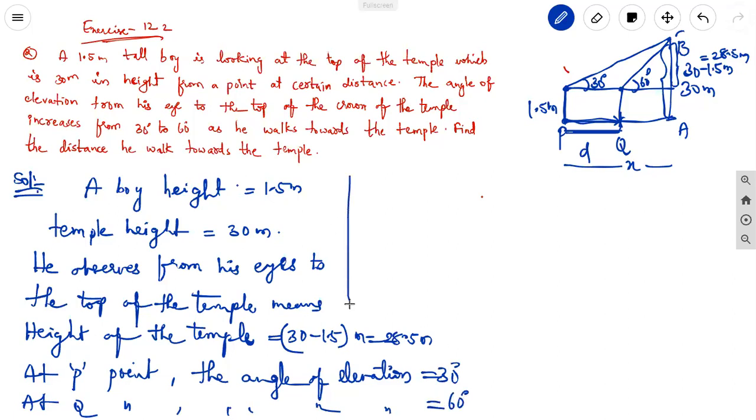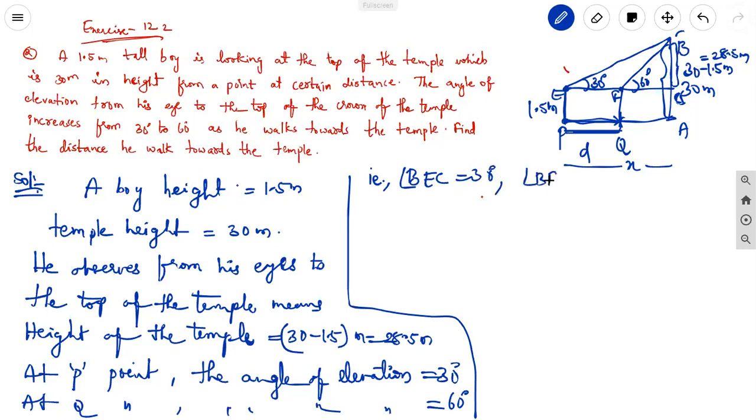Here we take this as point C, and here E and F. Angle BEC is equal to 30 degrees.